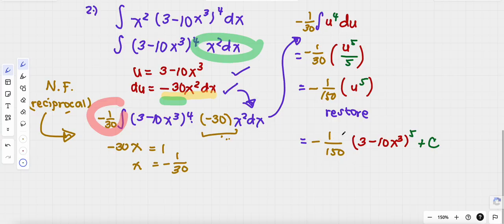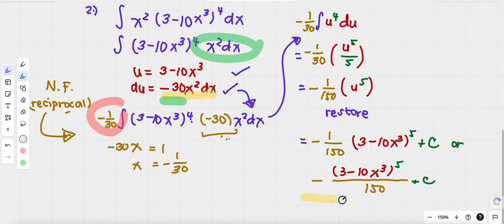This can be in this form, or you may write this in the numerator. This will be negative, 3 minus 10x cubed raised to the power of 5, all over 150 plus c. So this is our final answer, either of the two.